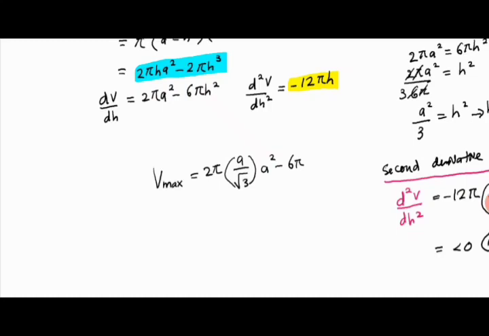The volume formula is minus 2 pi h cubed, and then we simplify until we get the answer.